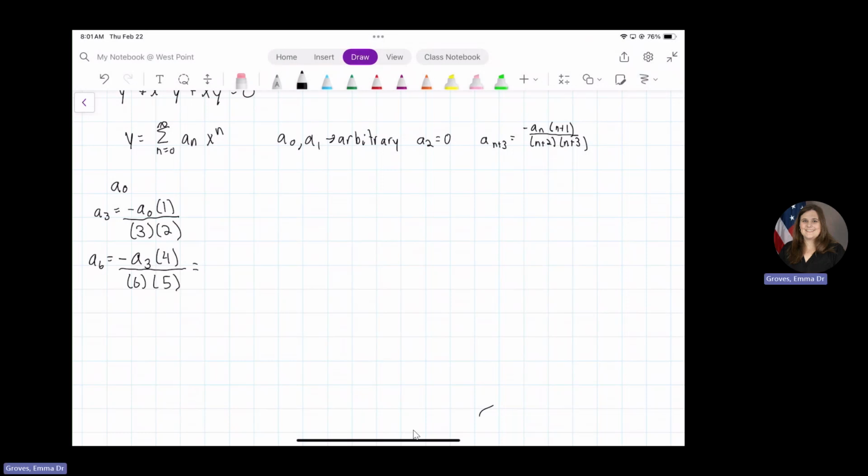But we know what a3 is, right? We just found it. So if I substitute in what I have for a3, I get positive a0, and in the numerator, I have times 1 and times 4, all over 6 times 5 times 3 times 2.